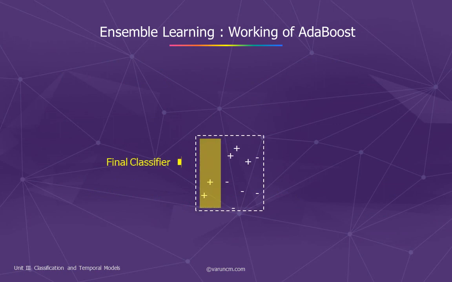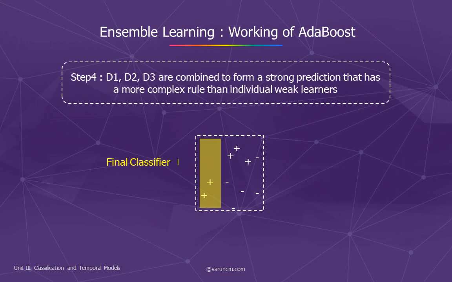So we are making the final classifier, which gives almost the right result for the 2 plus samples. So D1, D2, D3 are combined, which gives a strong prediction and a more complex rule than the weak learners. So this is how this Adaboost works.